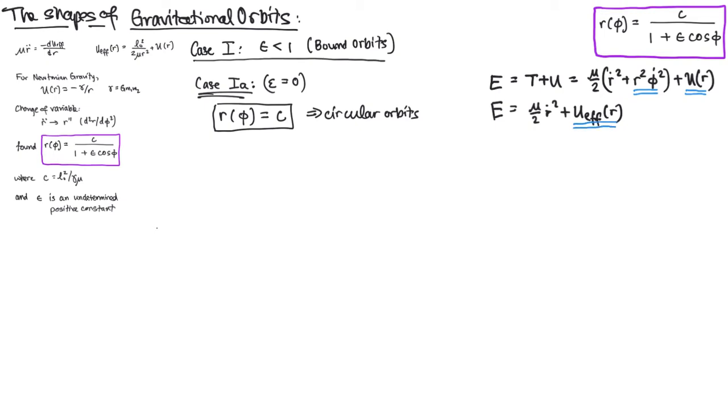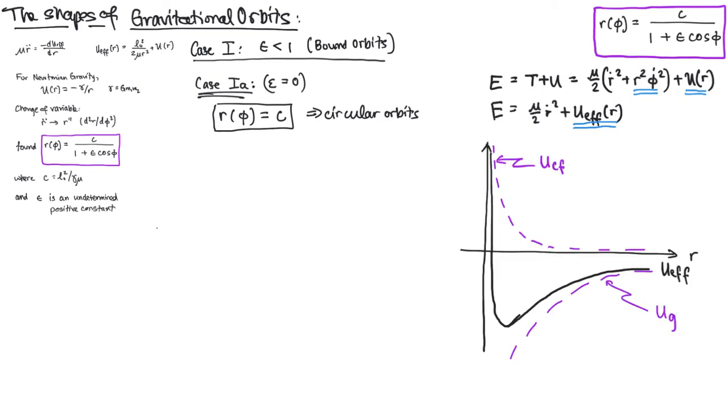So what this means is, even though this is a two-dimensional problem, we can draw the U effective and we can think about different orbits just graphically. If we recall, the gravitational potential is a minus 1 over r potential. The centrifugal potential is a 1 over r squared, and so we end up with something like this. So we have here a plot of the centrifugal 1 over r squared potential.